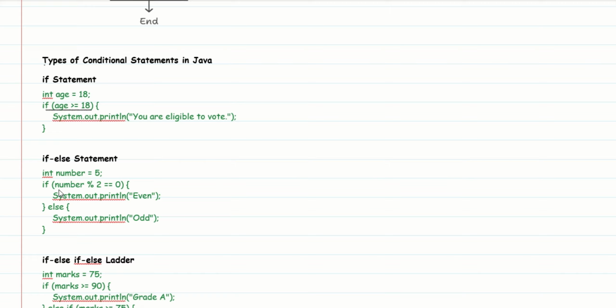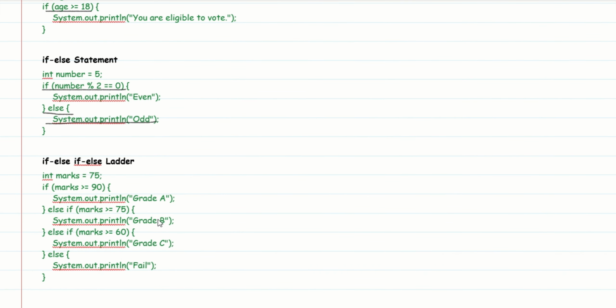When you divide any value by 2 and it gives a remainder of 0, it is considered an even number, otherwise it's an odd number. The syntax is similar to the previous one: if followed by a condition, enclosed within curly brackets, then we have else, and again curly brackets and the statement.